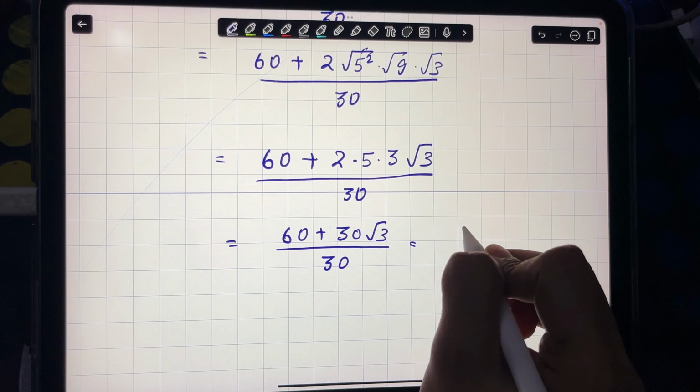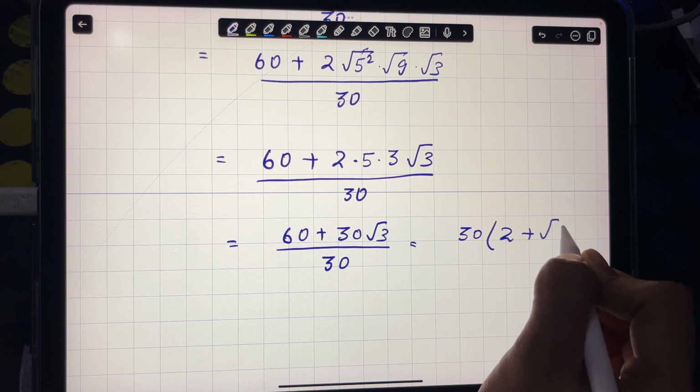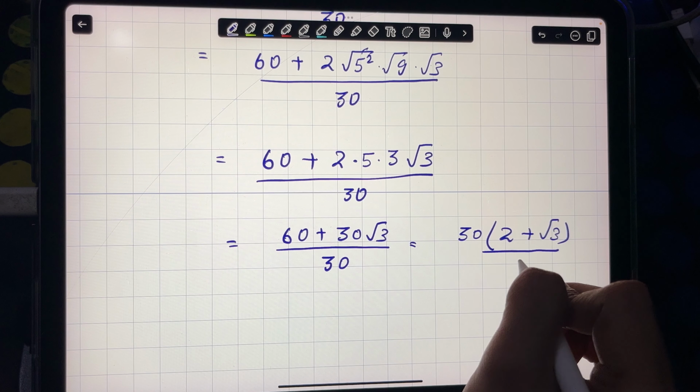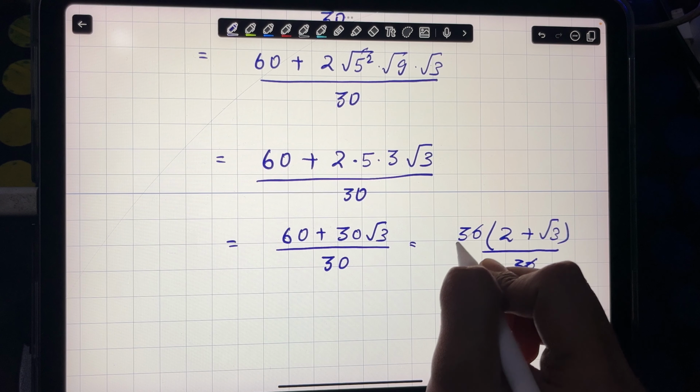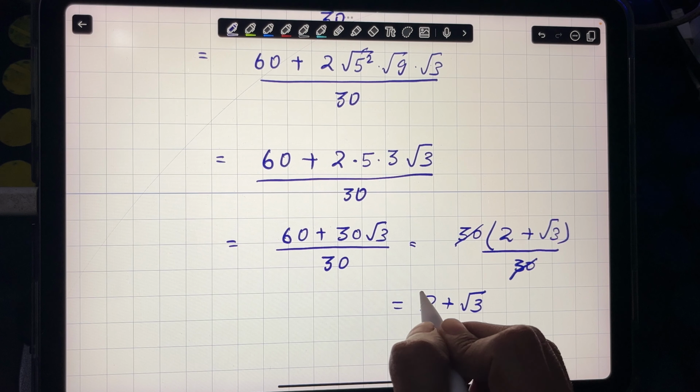Now let's take 30 common, so 30 parenthesis 2 plus square root of 3 upon 30. Cancel the like factors, so it is 2 plus square root of 3.